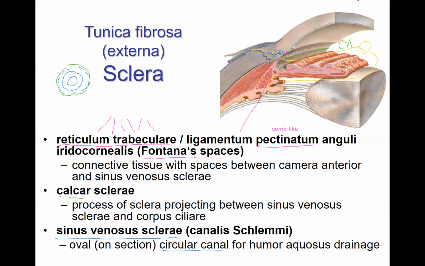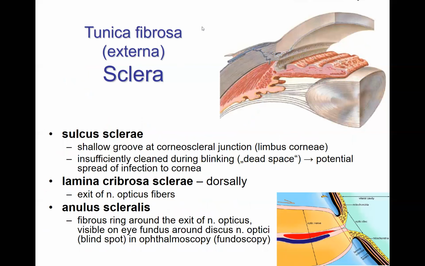And if this space is somehow damaged, then the absorption of the fluid stops, and we will talk about the problems which then happen. So do you understand what the trabecular reticulum is? It's a meshwork or network of scleral connective tissue, trabecles. In between are spaces, and these spaces serve for absorbing the humor aquosus, the intraocular fluid. Okay, perfect. If you understand this, then we can move to other structures.